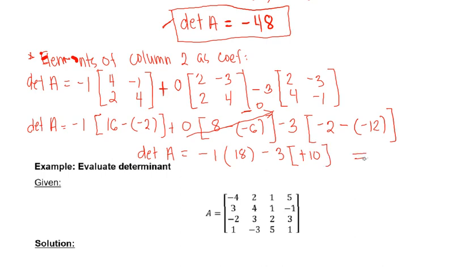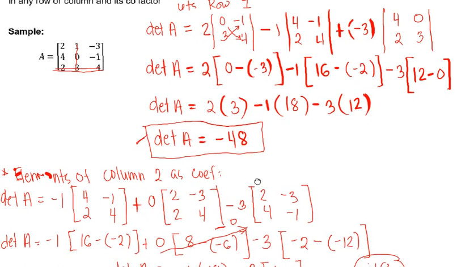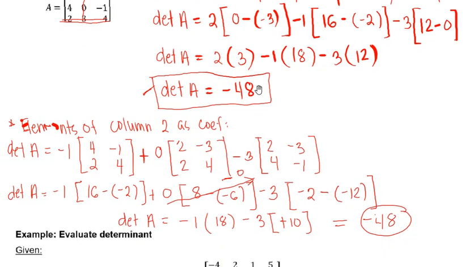So solving for the determinant of A, that is equal to negative 18 minus negative 30, that is negative 48. So determinant of A, if we use element of column as coefficient and determinant of A using row 1 as our coefficient, have the same answer, that is negative 48.